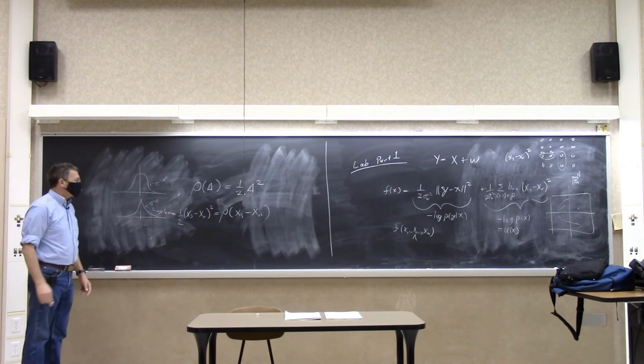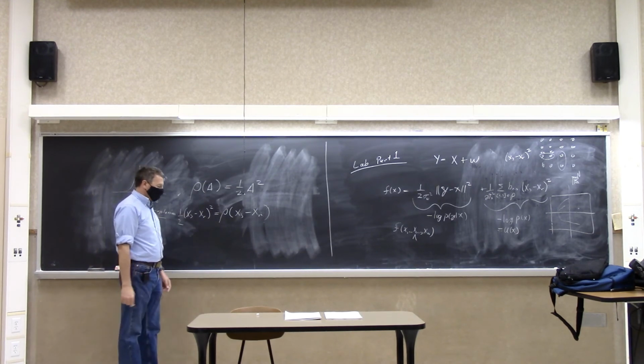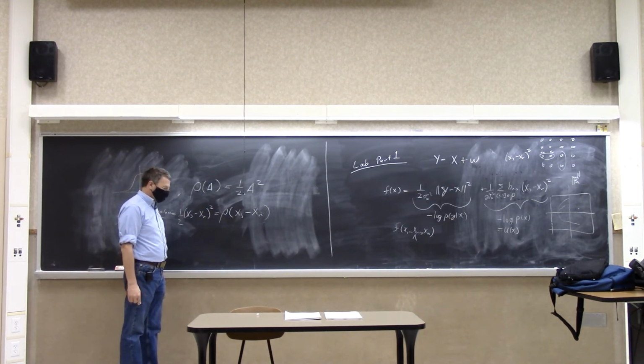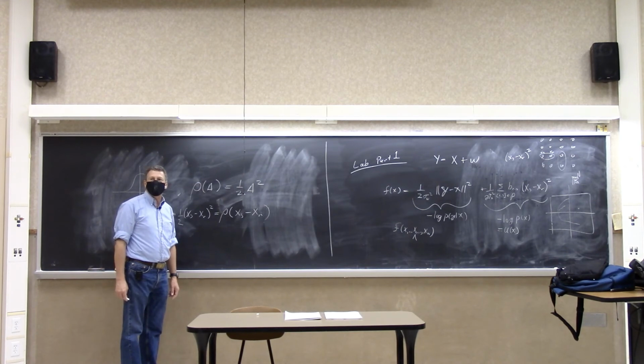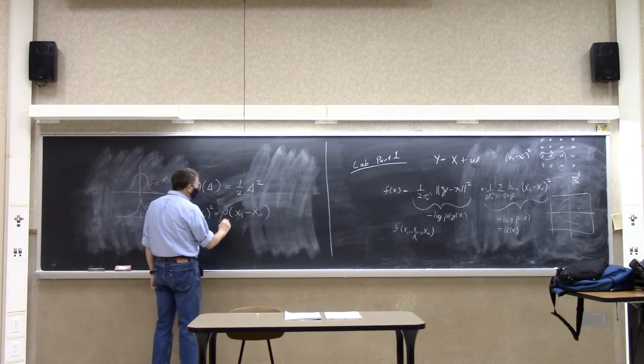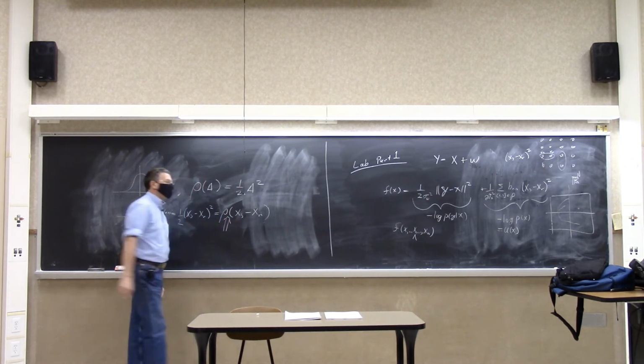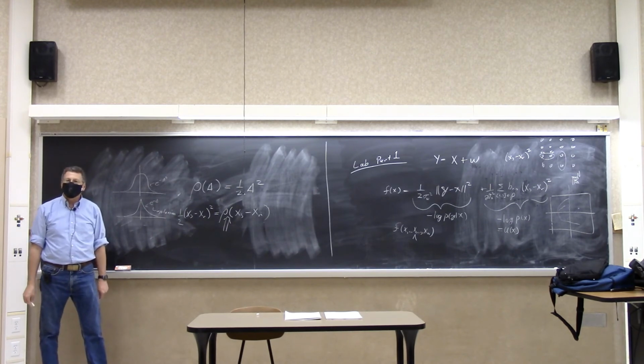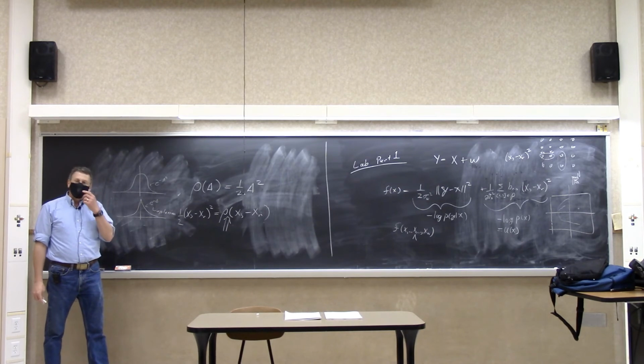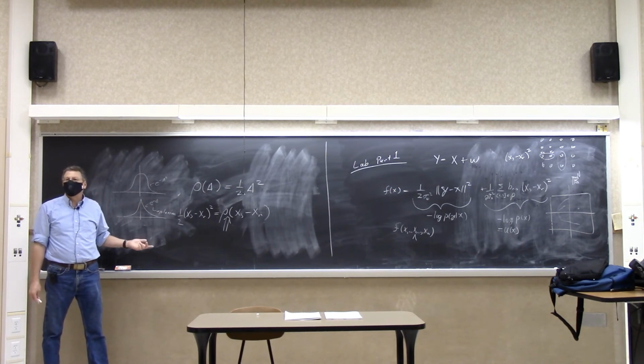Through the 80s and the 90s, there was a lot of interest in trying to pick these functions so that you could get good models of images. Of course, this is a hopeless task, okay?